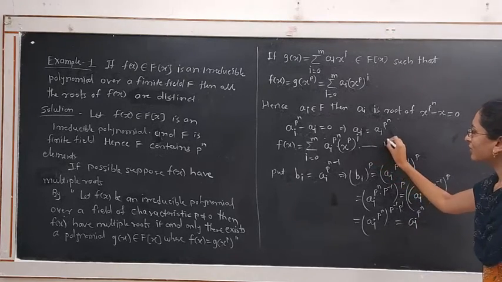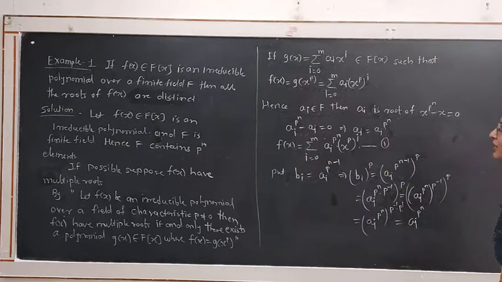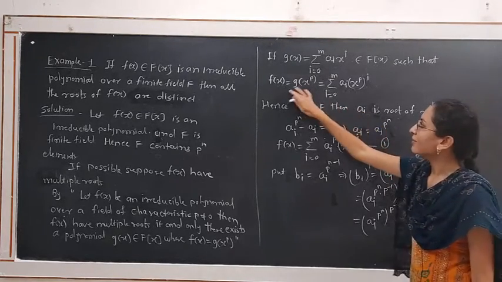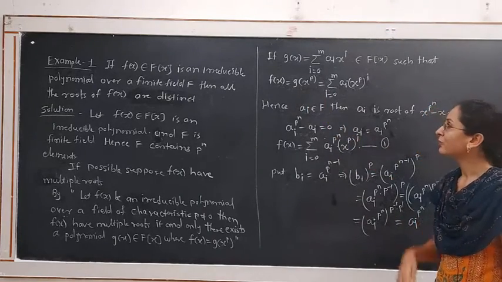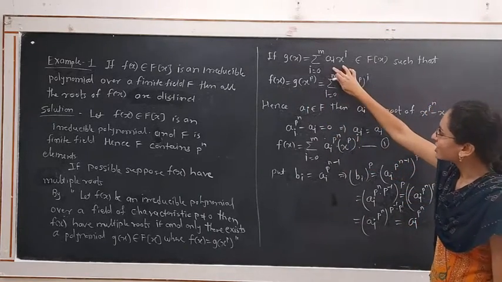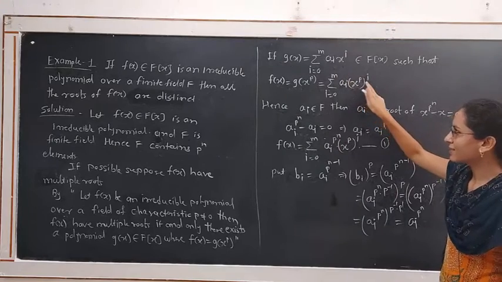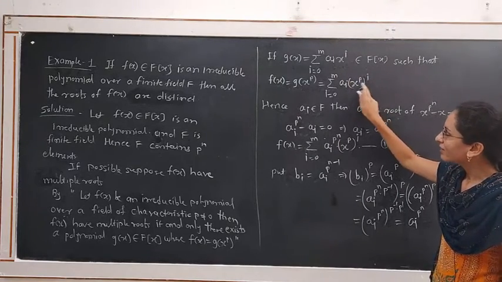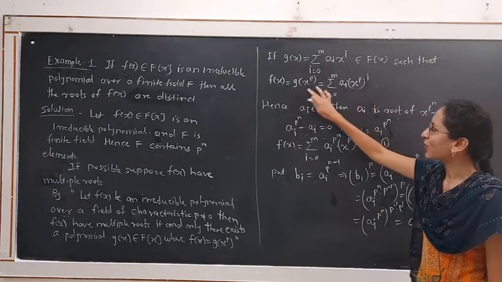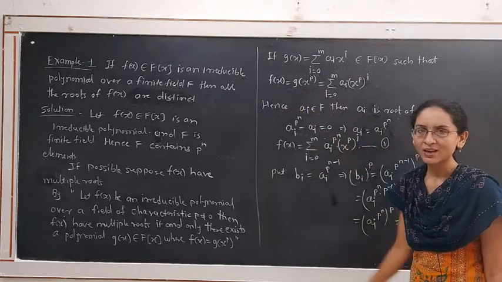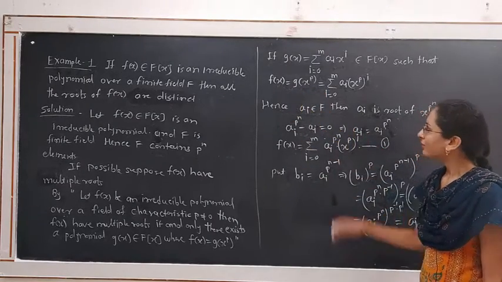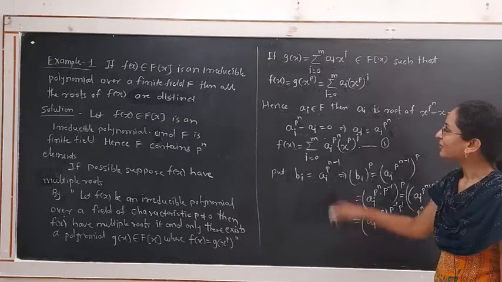If we call this equation number 1, what we are doing is, we have considered f(x) equal to g(x) raised to p. In the polynomial g(x), we have replaced x by x^p, and the coefficients of the polynomial g(x) as well as f(x) are from the field F, which is a finite field of characteristic p.